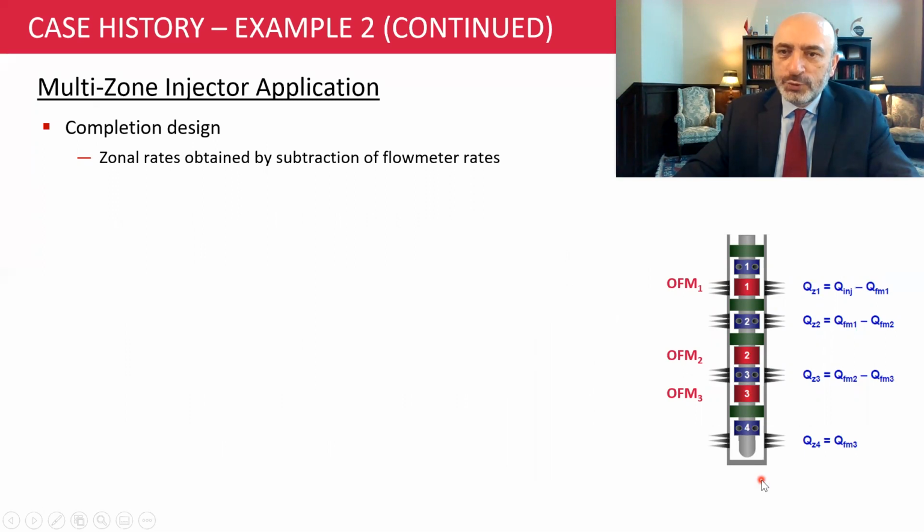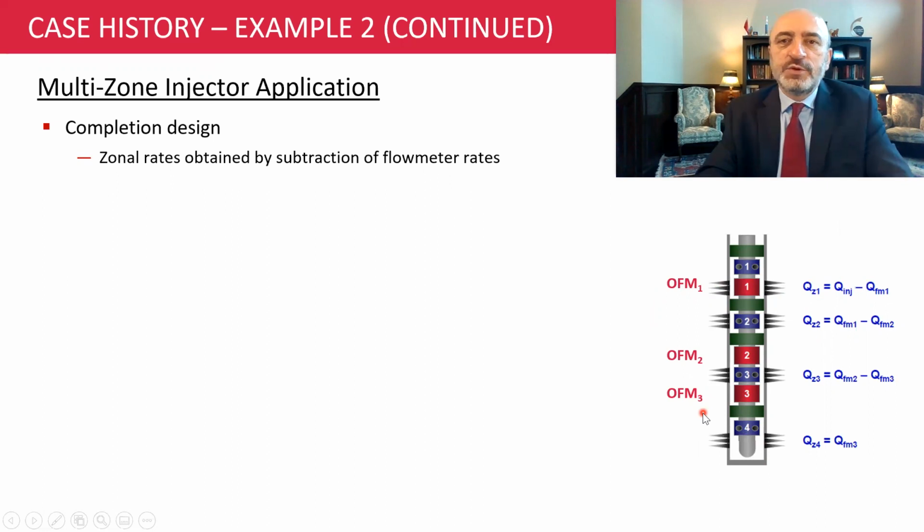We have 4 zones and 3 optical flow meters. The zones are designated by the blue color, zone number 1, number 2, number 3, and number 4. And the optical flow meters are designated by the red color, optical flow meter number 1, 2, and 3.